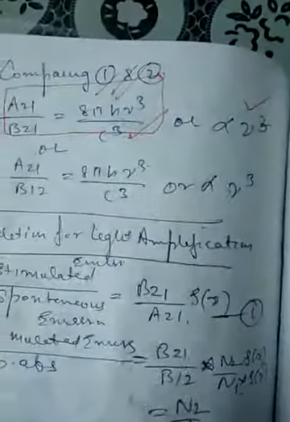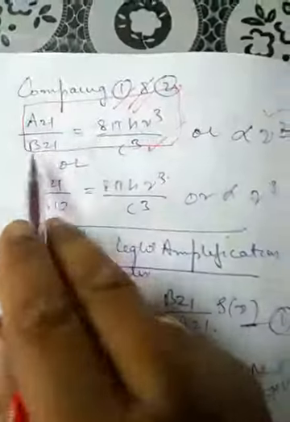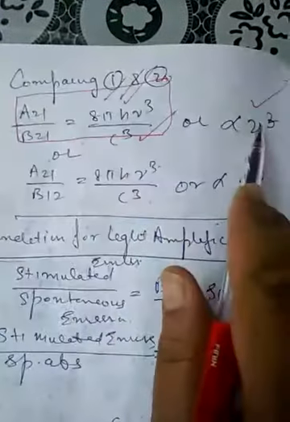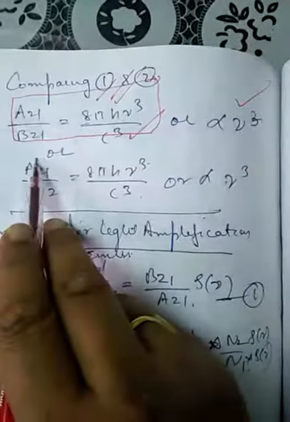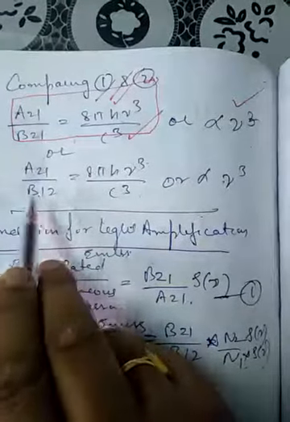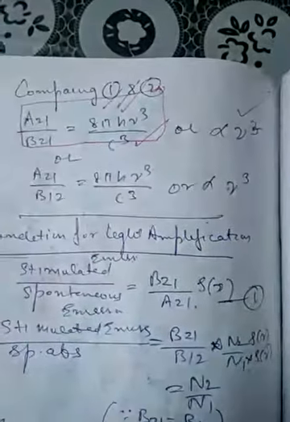That means this ratio depends upon the frequency cube. So this relation says that spontaneous emission and stimulated emission depend upon the ratio of the frequency. Spontaneous emission and absorption again depend upon the frequency cube.